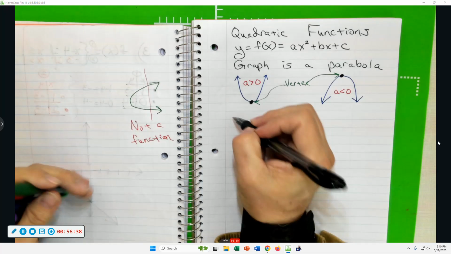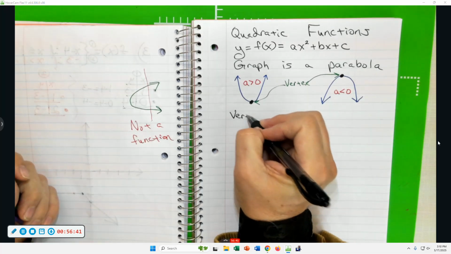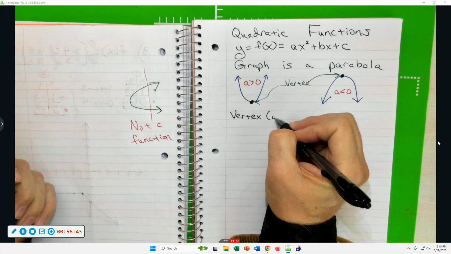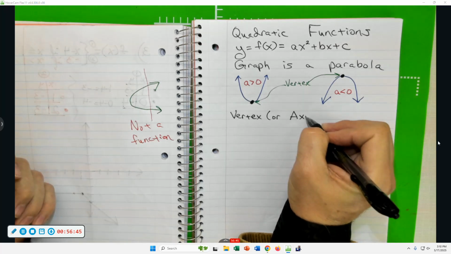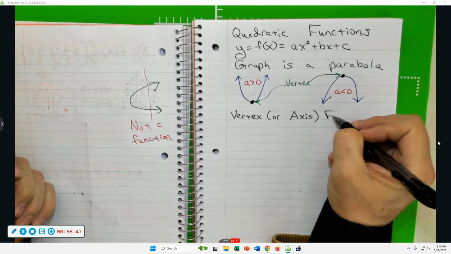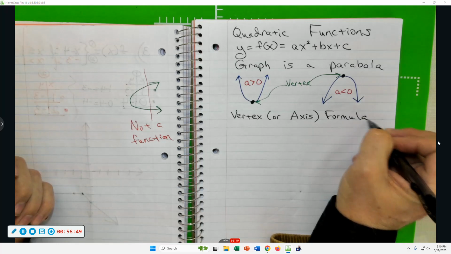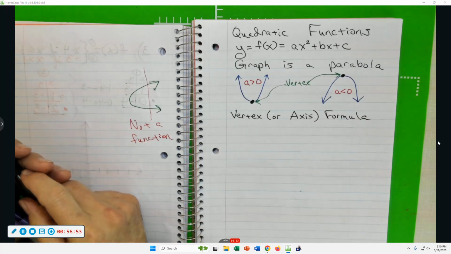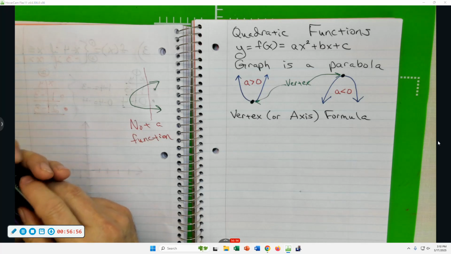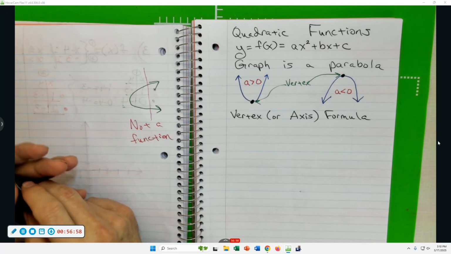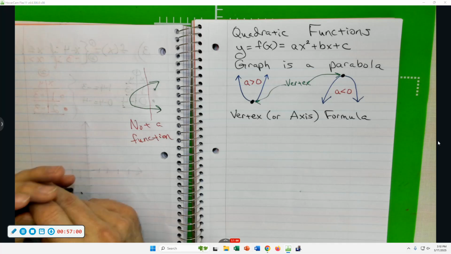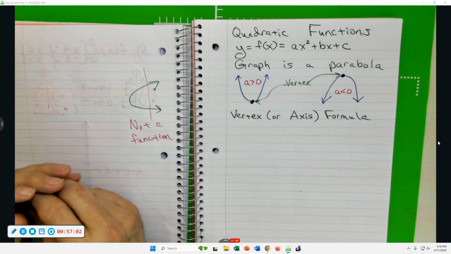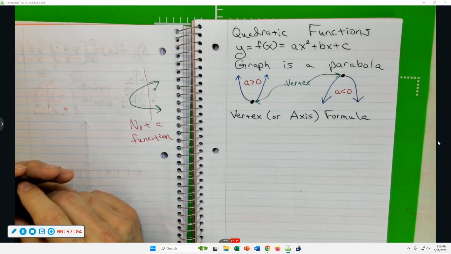We're going to take the vertex or axis formula approach. You use the same formula to find the vertex and the axis. And they're going to ask you to find the axis anyway, so we may as well just use this formula here. It's an easy formula to remember if you know the quadratic formula.